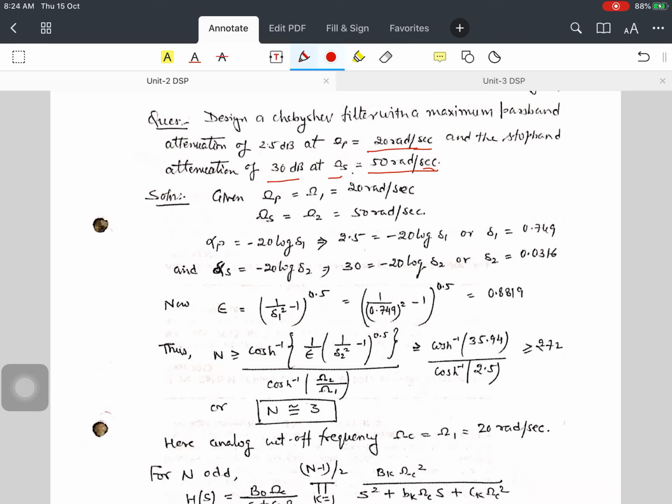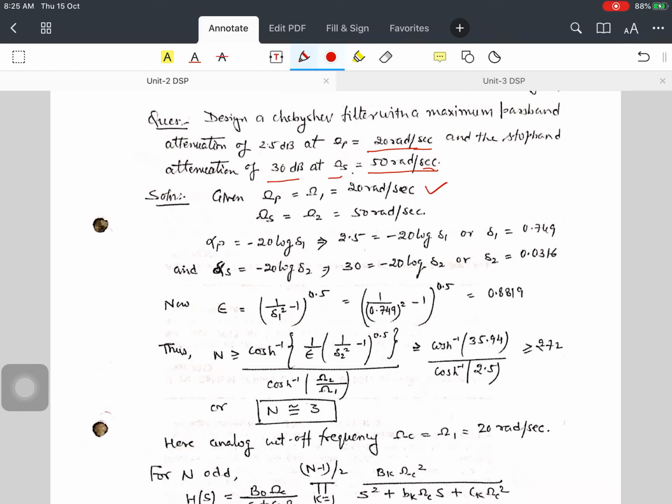Now for the solution of this question, first you have to find out what data is given. In the question you have been given 4 data. First one is omega p, and we have seen this omega p equal to omega 1, and that is 20 radian per second.